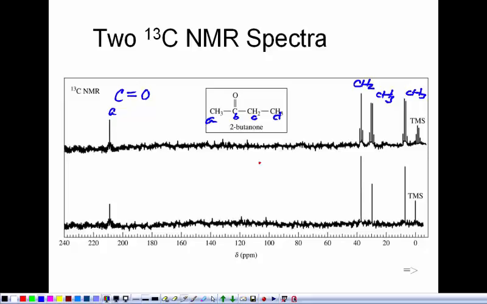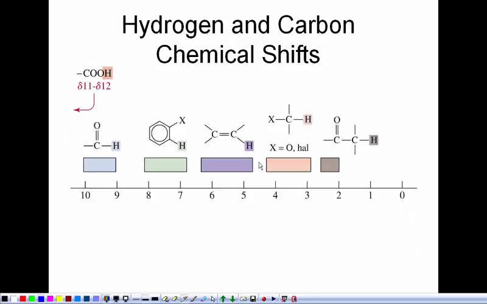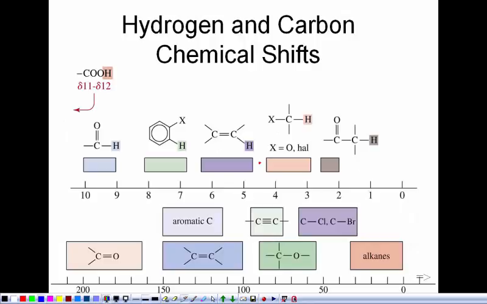Run-of-the-mill CH2s and CH3s are in the 10 to 20 parts per million region. So just like for protons, there's a chemical shift scale for carbons, and you can look at the position of the peak and say, oh, this molecule has a carbon that's attached to oxygen. But I can do better than that because I can say that carbon is a CH2 or a CH3 or a CH, and so I can tell a primary alcohol or a secondary alcohol or a tertiary alcohol. I can do the same thing for the halogens.